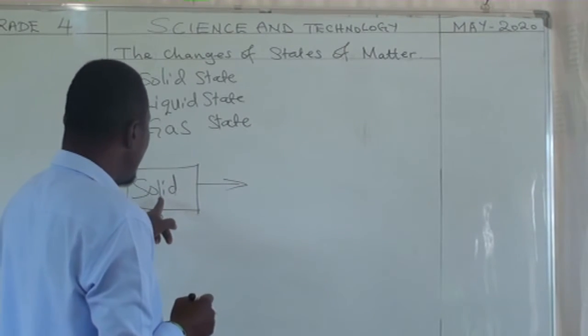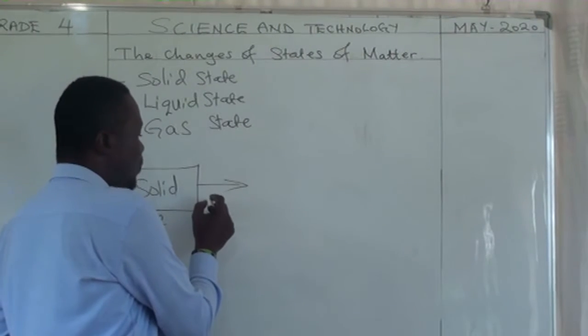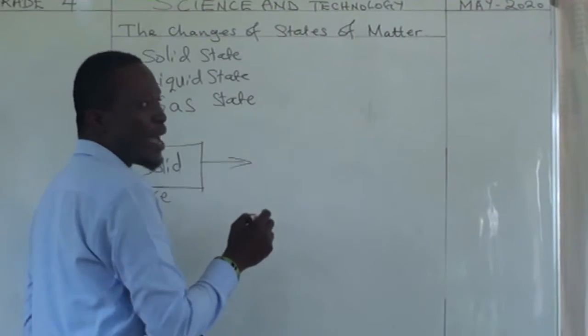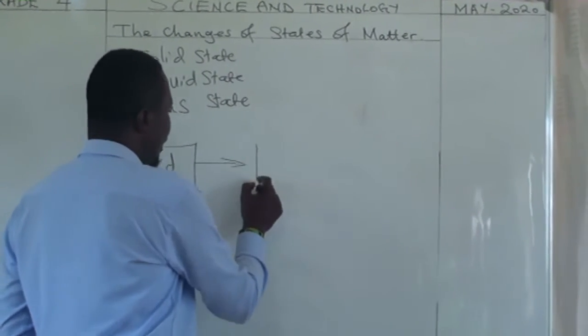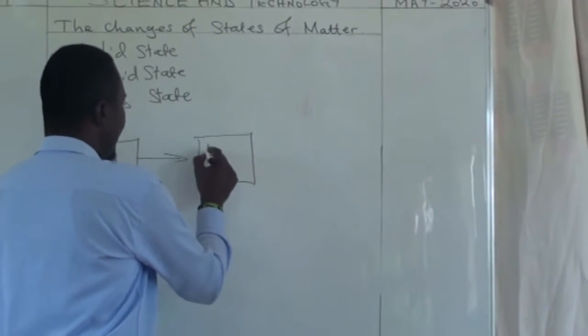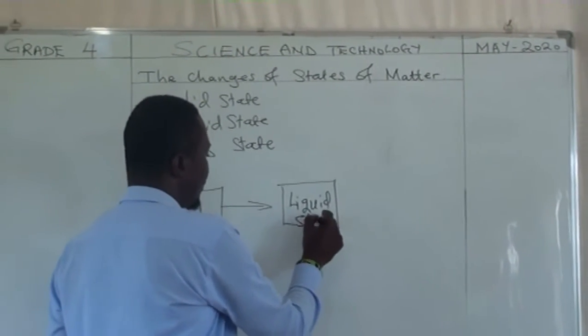So, when a solid is exposed to heat, it melts, right? So it changes into the liquid state.